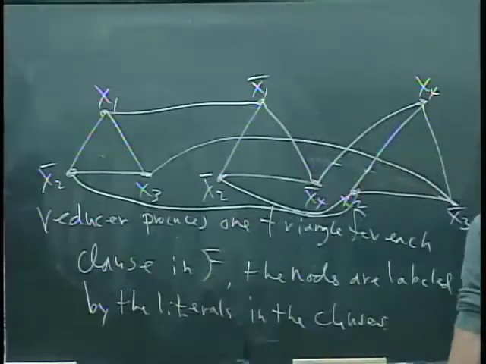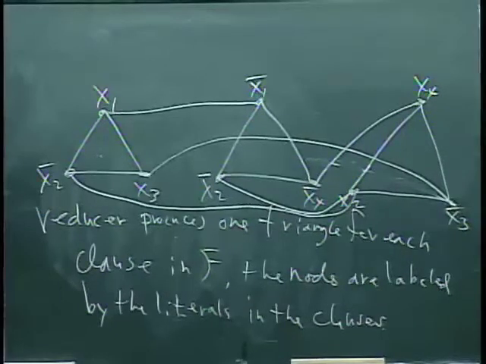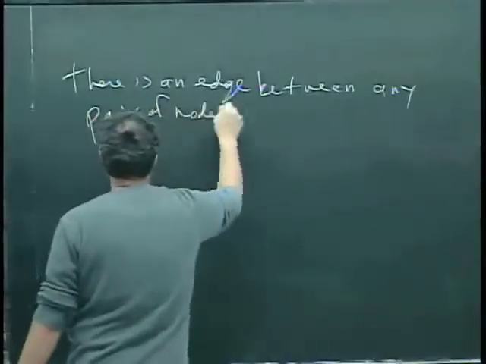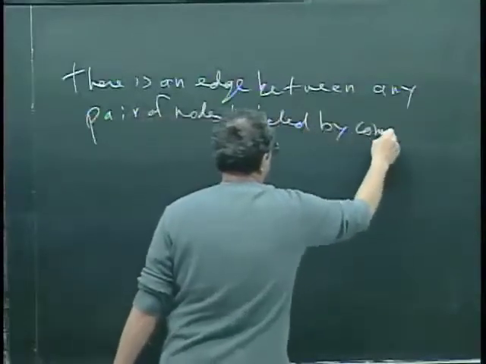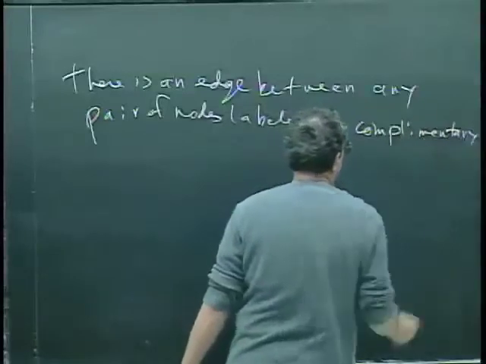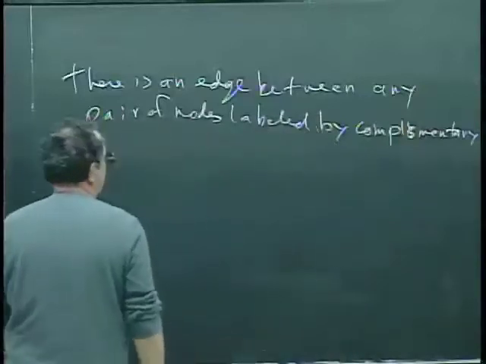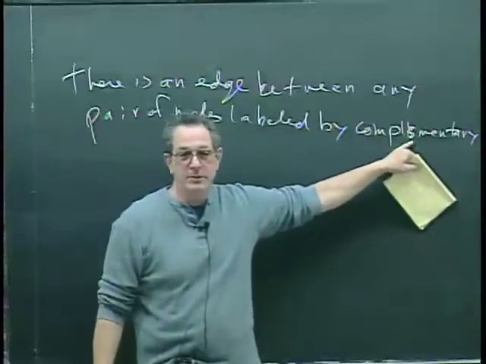So there is an edge between any pair of nodes labeled by complementary literals. I put a little ambiguous mark there just to hide the fact that I don't know how to spell complementary in this context.